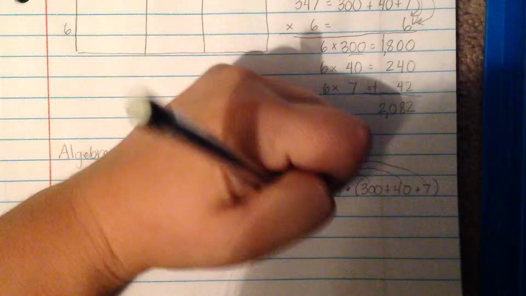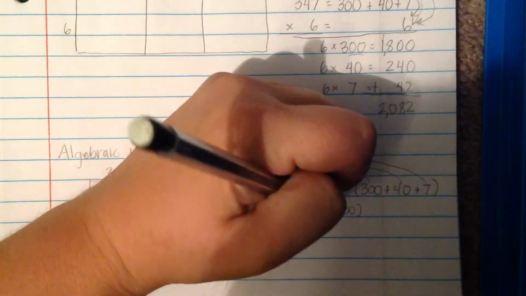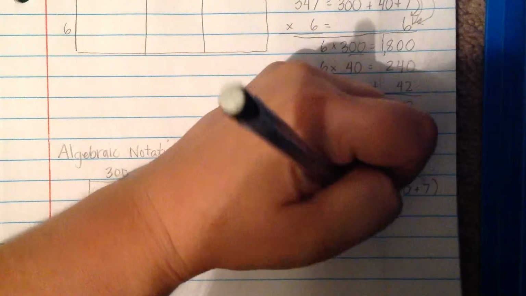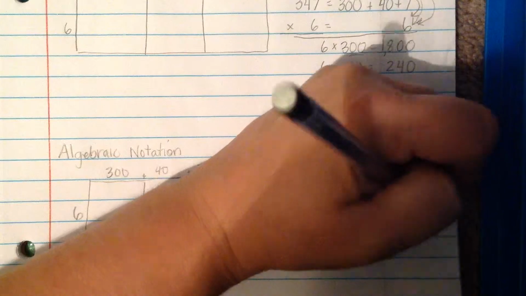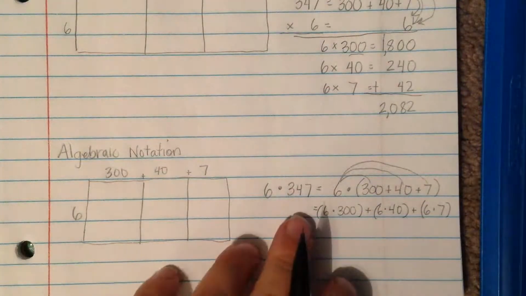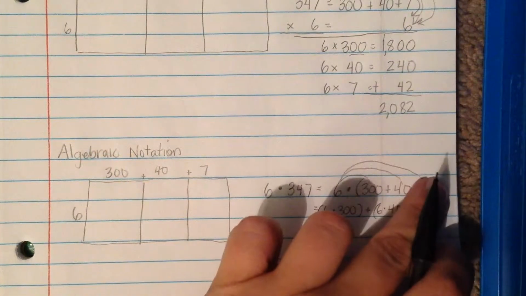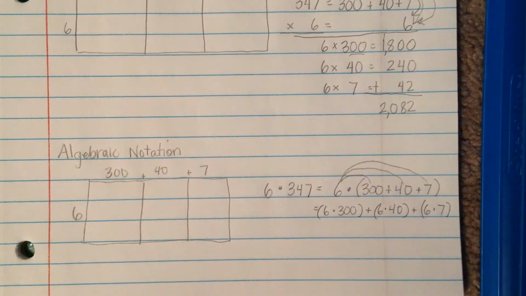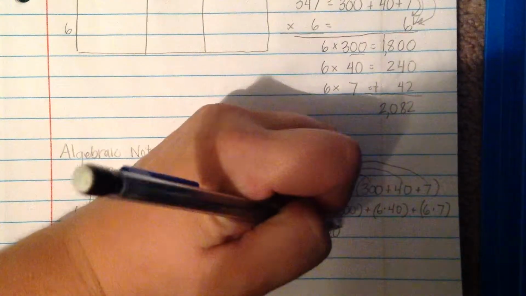So this equals 6 times 300 plus 6 times 40 plus 6 times 7. The distributive property says that for each, I'm going to give that 6 to each number in that decomposed number. Well, now I have my answers. Again, 6 times 3 is 18, add my 2 place values.